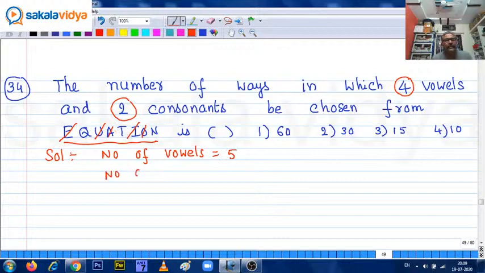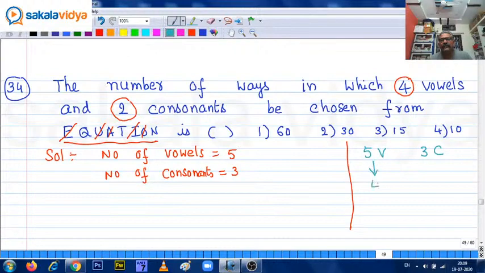The number of consonants is Q, T, N, which is 3. Total there are 8. There are 5 vowels and 3 consonants. 4 vowels need to be selected, and from 3 consonants, 2 consonants are to be selected. This can be done in 5C4 ways, whereas this can be done in 3C2 ways.